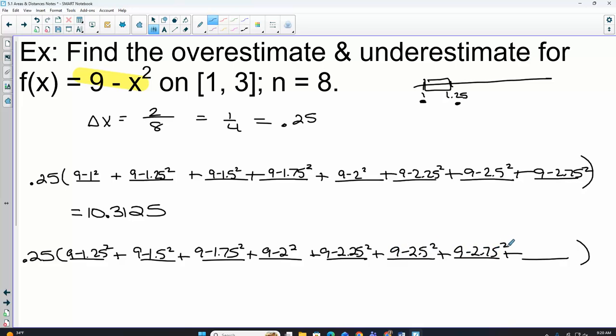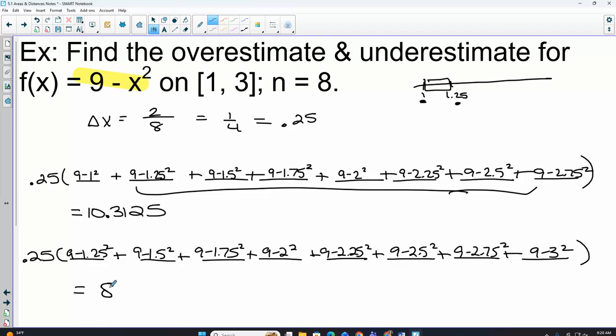And you'll notice all of these points are the same. We had them all. But I don't have the first point. And where does this one end? So it's just a difference in the first and the last point.